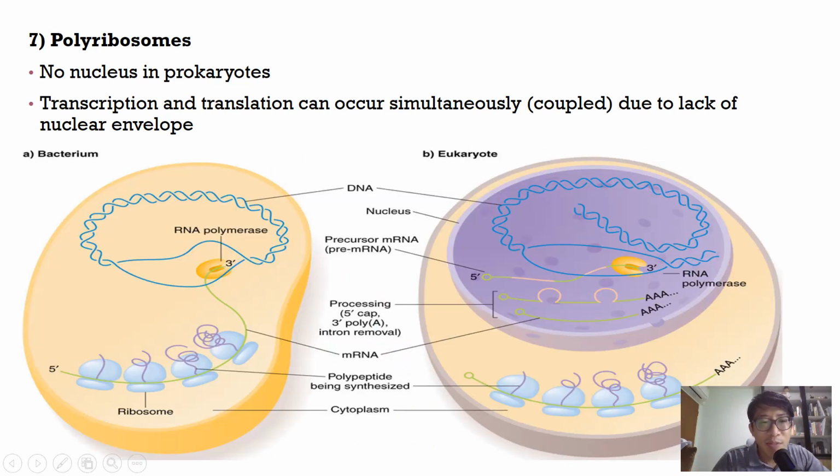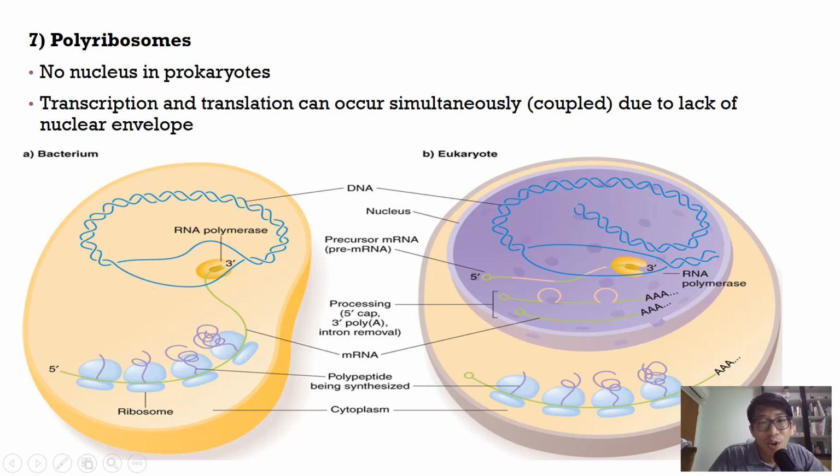The reason is that in the prokaryote there's no nucleus. Transcription and translation both occur in the cytoplasm. Transcription occurs in the nucleoid region, which is within the cytoplasm and is not separated from the rest of the cytoplasm by a nuclear envelope.